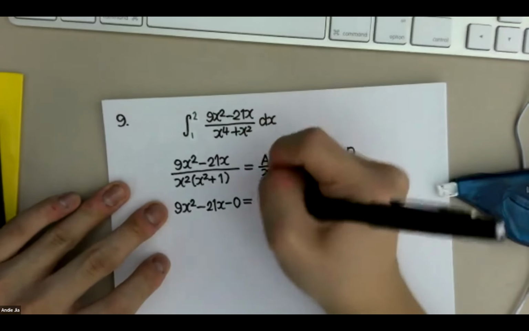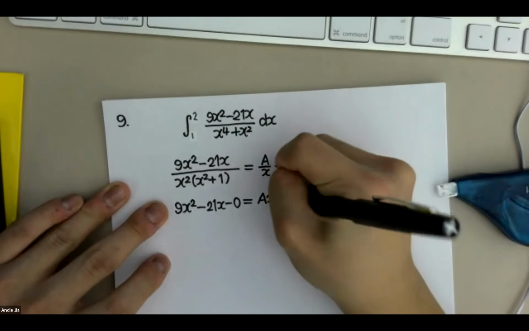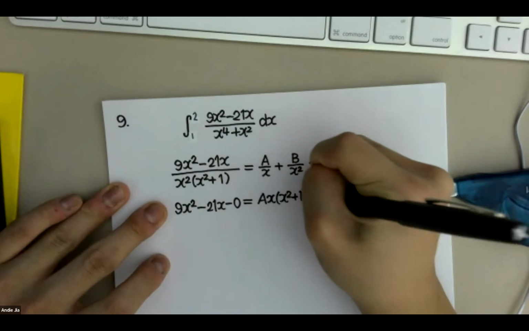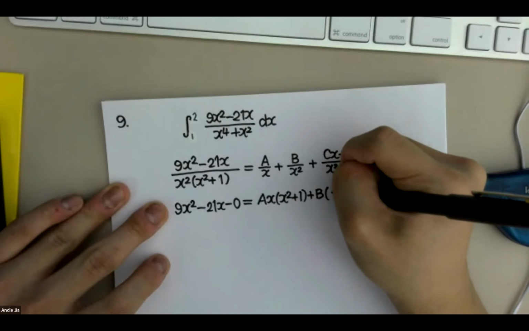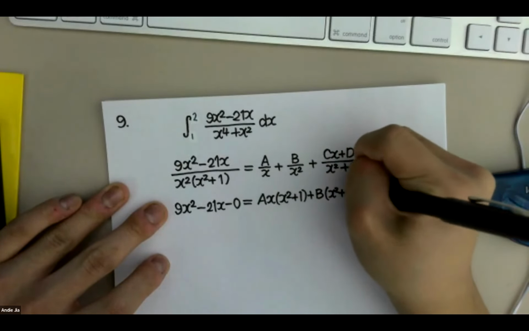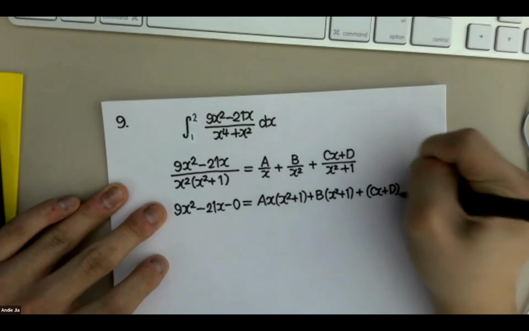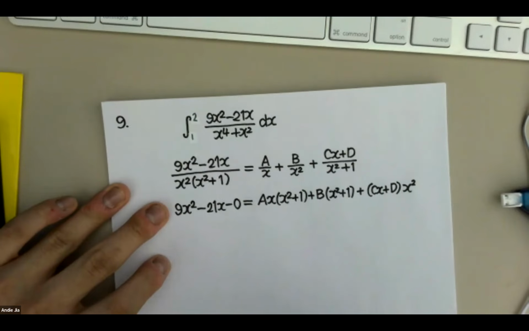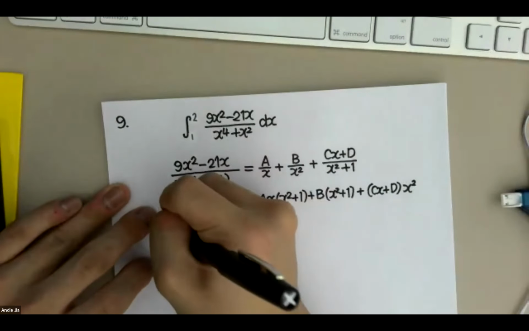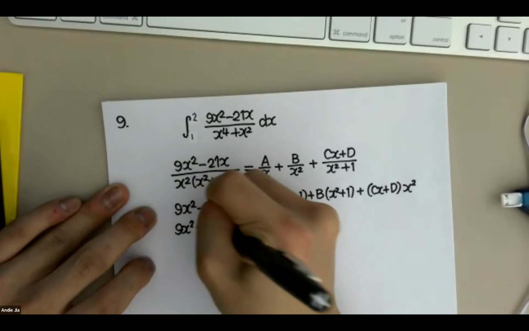We multiply through: A times x times x squared plus 1, plus B times x squared plus 1, plus Cx plus D times x squared. Then we just solve a linear equation.